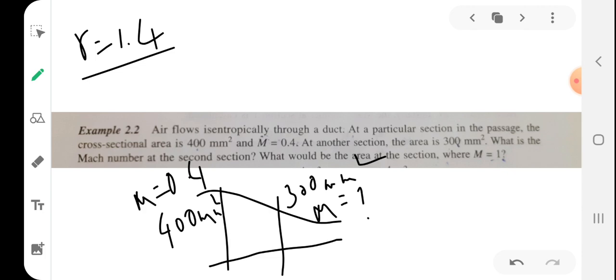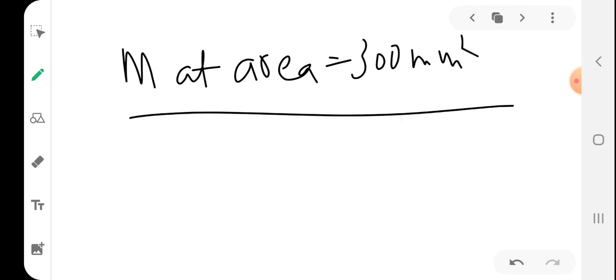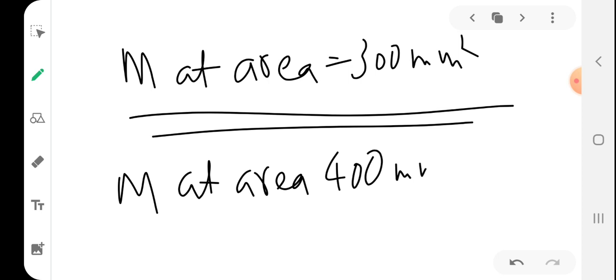So the Mach number at the section where area is 300 mm square is to be found out. Only thing that is given is gamma equal to 1.4, and the Mach number at the section where area is 400 mm square equal to 0.4. Only these two things are given.